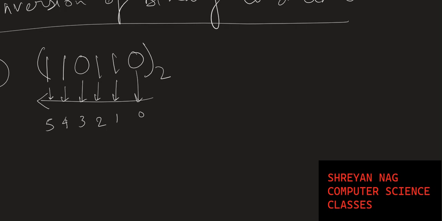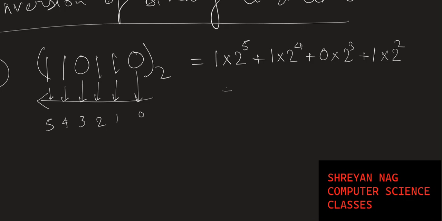Now we are going to write it in this form: 1 into 2 to the power of 5, since we are multiplying with 2 because it is a base of 2. So 1 into 2 to the power of 5 plus 1 into 2 to the power of 4 plus 0 into 2 to the power of 3 plus 1 into 2 to the power of 2 plus 1 into 2 to the power of 1 plus 0 into 2 to the power of 0.